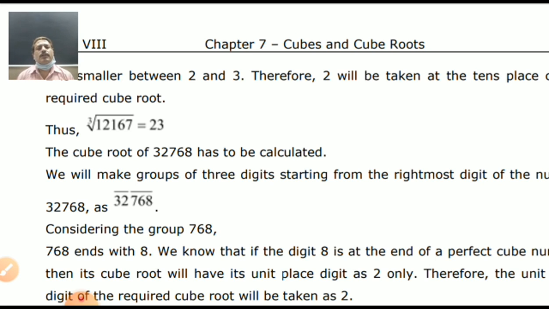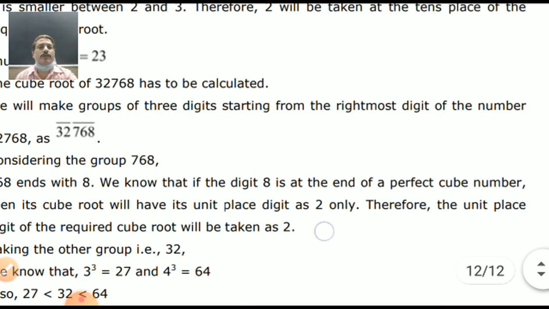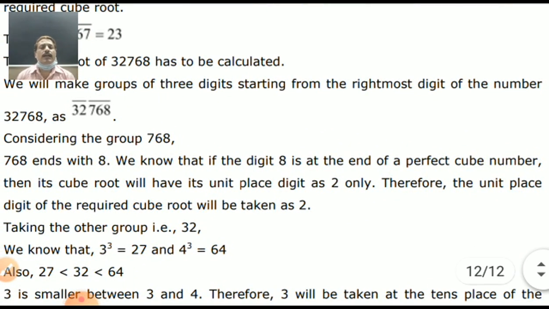Look at the next one, 32,768, my dear student. 768, the last digit is 8. That means it ends a perfect cube number. Then its cube root will have its unit place digit as 2. How to remember, the funda? Yes, 8 means 2, 7 means 3. Clear? Correct.